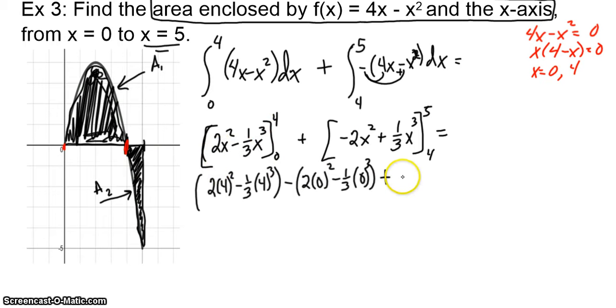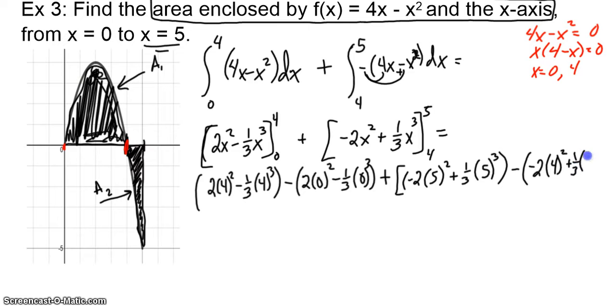Now the second: negative 2 times 5 squared plus 1/3 times 5 cubed, minus negative 2 times 4 squared plus 1/3 times 4 cubed. So that's your second area.